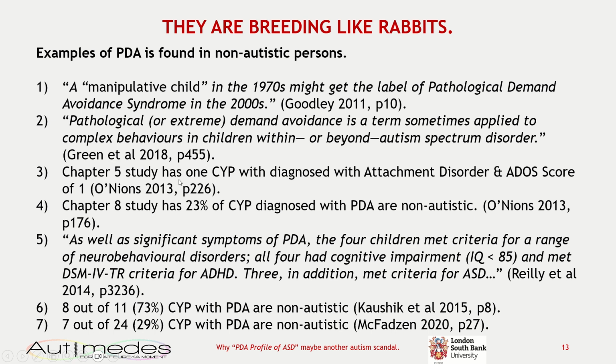For example, there is someone with PDA who has attachment disorder and scores 1 on the ADOS in a chapter in Izanayon's PhD thesis. And in chapter 8 of Izanayon's thesis, she has 3 non-autistic persons diagnosed with conduct disorder, off the top of my head, or 23% of the people diagnosed with PDA.